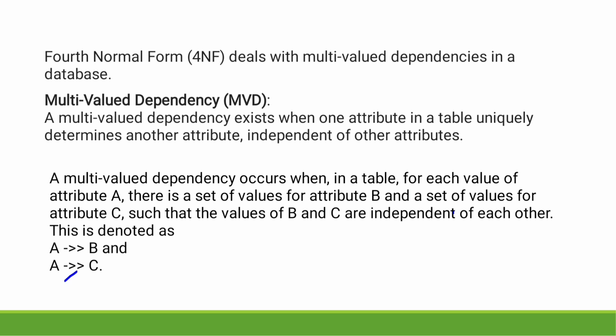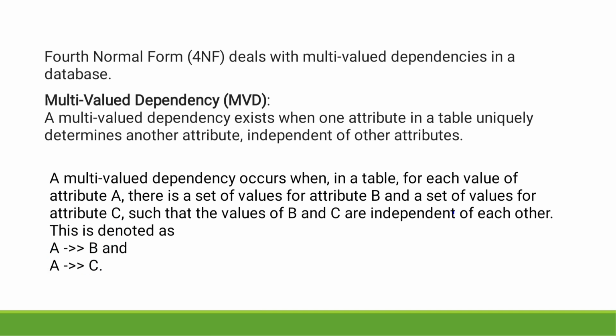Here attribute A, which has a single value, decides the values of attribute B, which has multiple values. At the same time, the same attribute A, with a single value, is deciding the values of attribute C, which has multiple values. The values of attributes B and C are independent of each other. Okay.